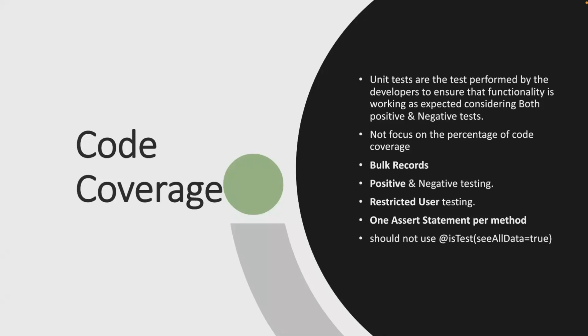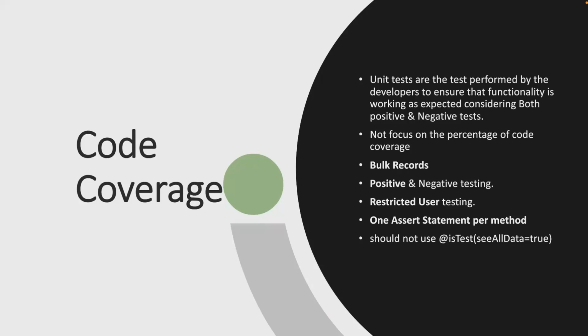Next is code coverage. Code coverage is used from a developer standpoint to do unit testing. So we can do positive or negative testing for our piece of code, for our business logic.